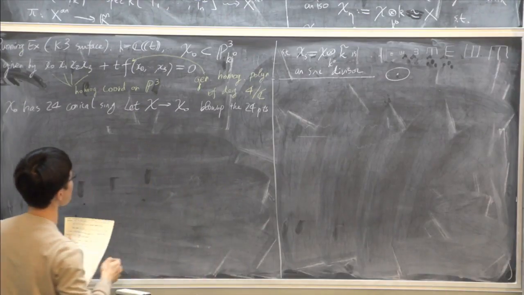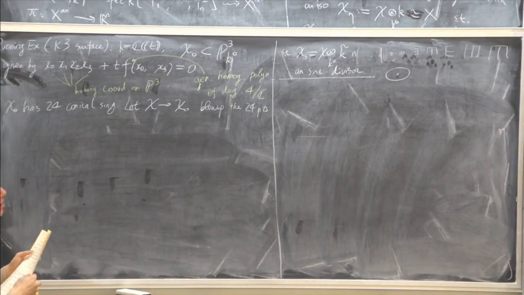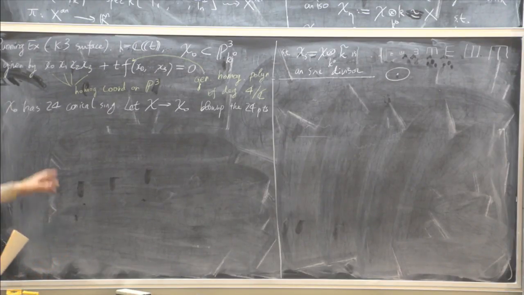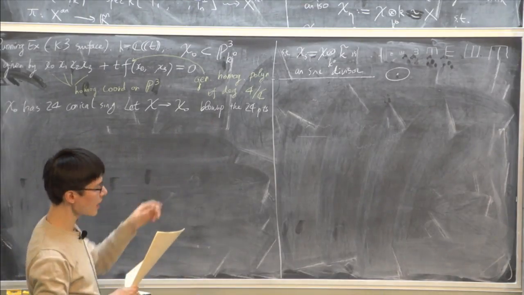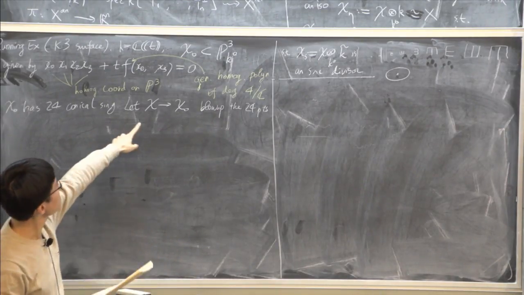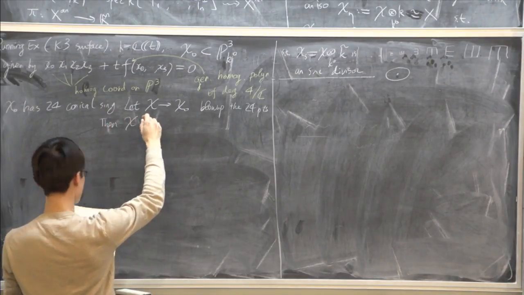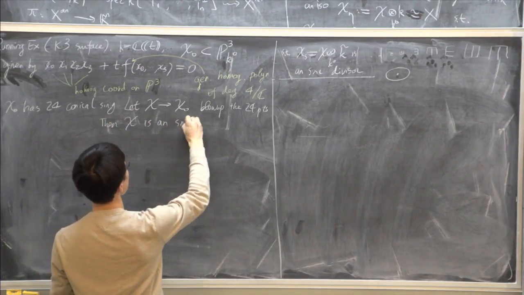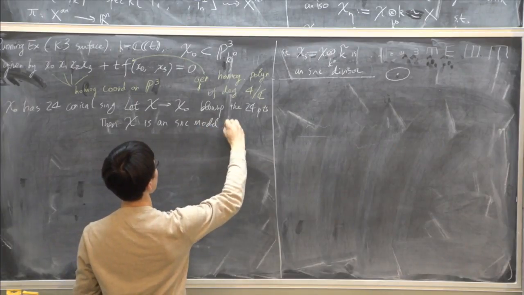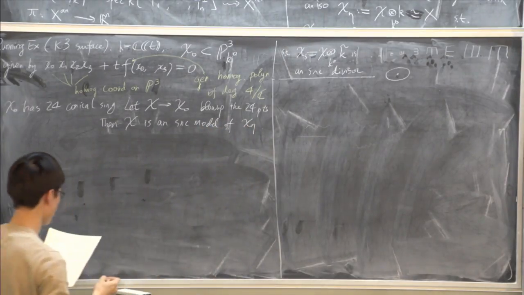I don't do base change. You don't get rid of them by doing base change, but we get rid of them by making blow-ups. And now this curly X is an SNC model of its generic fiber.